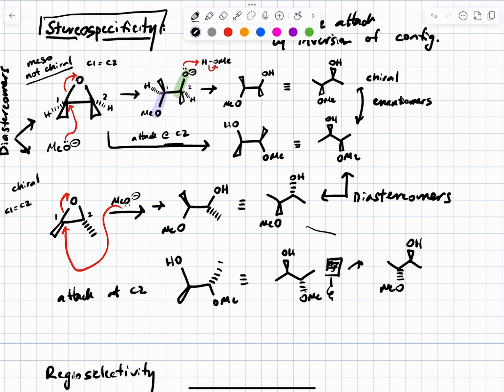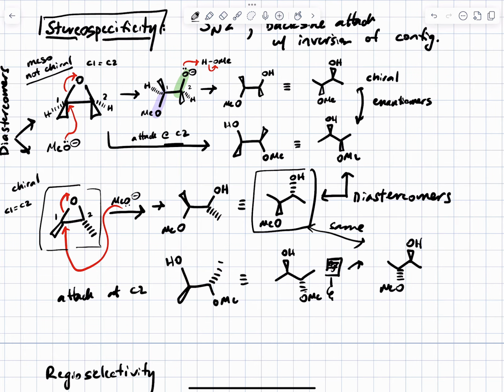You get the same thing. So from this starting epoxide, which was chiral, we get one chiral product. That's fine. And because our starting chiral epoxide was a diastereomer of the one we did above, the product is also a diastereomer of the products above.